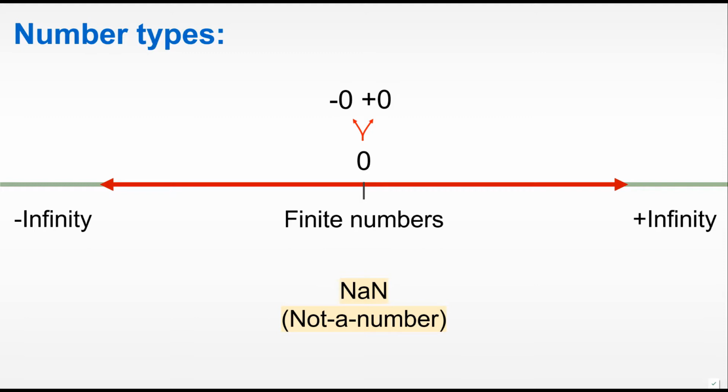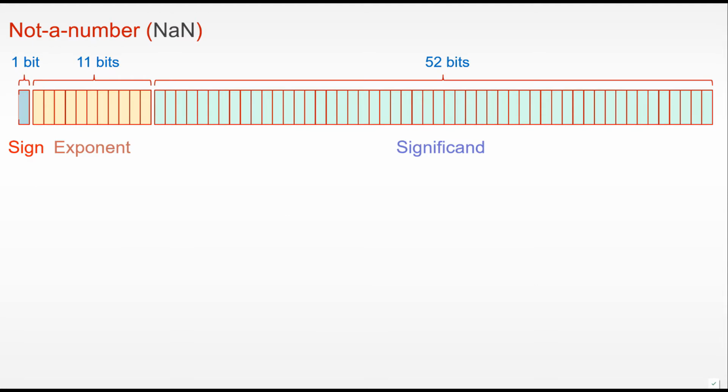Now you can think of the not a number type as a hack, and we tend to use it when we've done something wrong or something illegal, for example dividing 0 by 0. Using NaN allows us to get this unexpected value but yet not stop the program from running, and debug the problem later. So how do we define a not a number? We can have 0 or 1 for the sign, so both positive and negative would be allowed there.